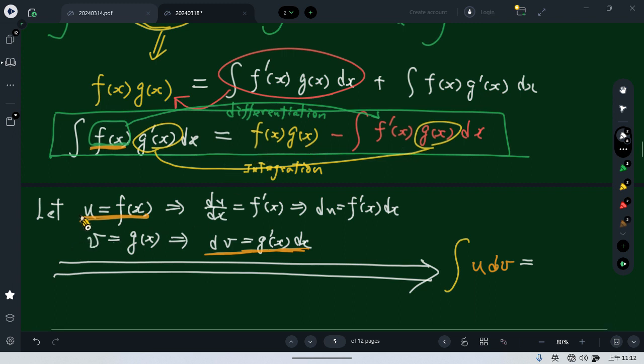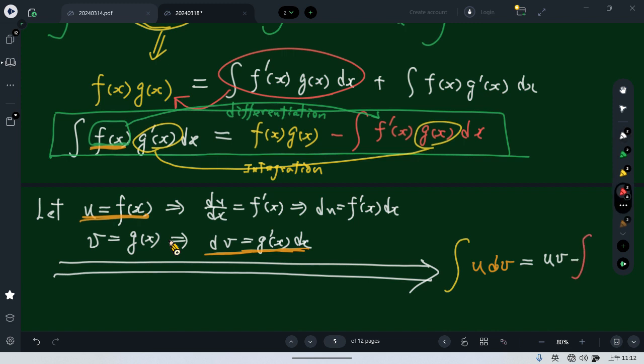F of x is u, g of x is v, so we will have u times v, then minus the integral of f prime x times dx, which is du, and g of x here will be v.